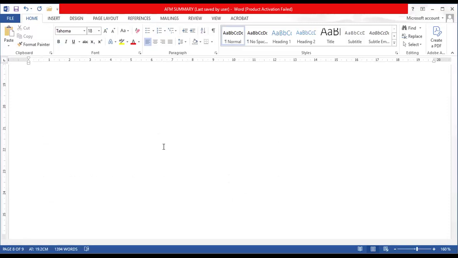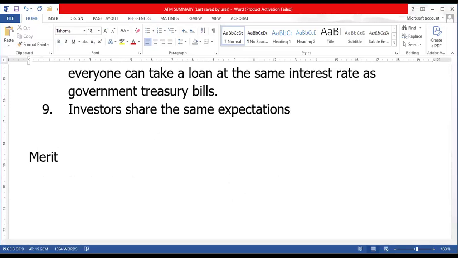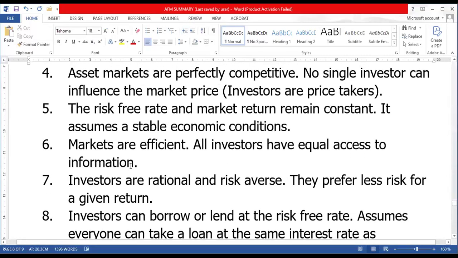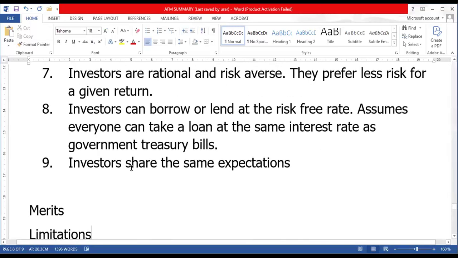The theory you need to understand is the merits. You need to read about the merits. Does this CAPM have some advantages? Then you also need to read about the limitations of this model. Very common question: explain the limitations of CAPM.